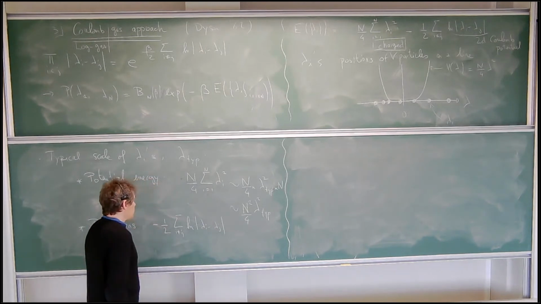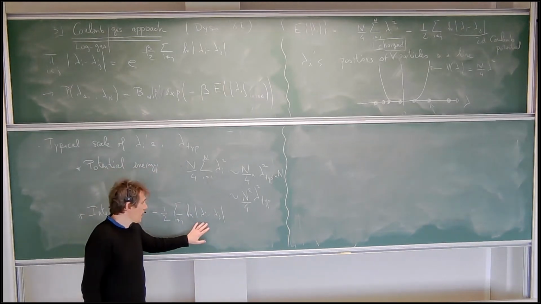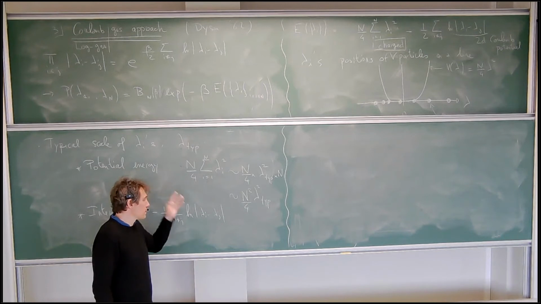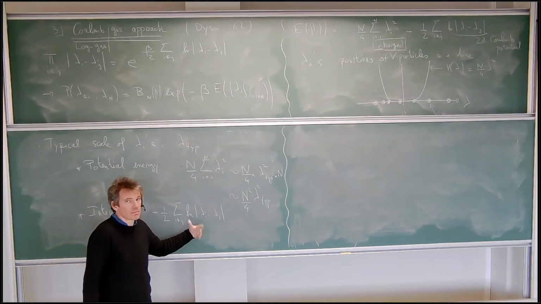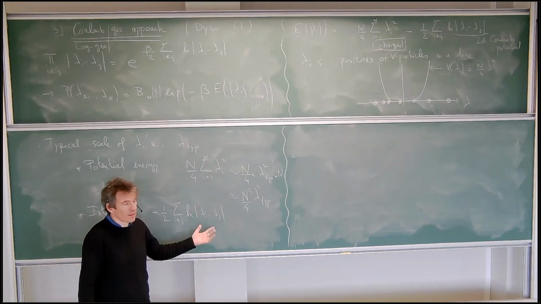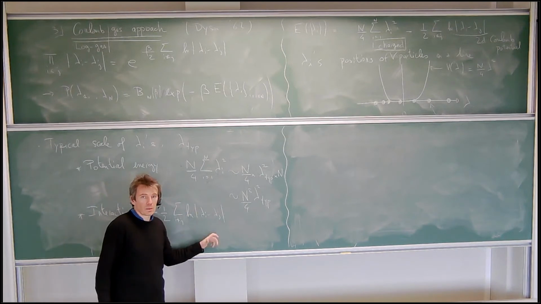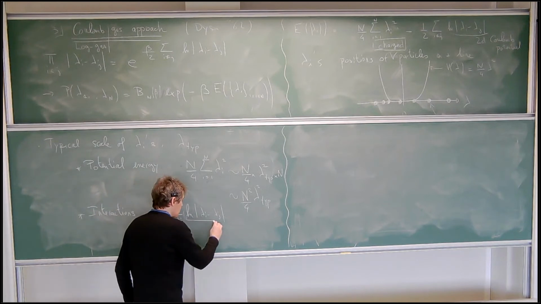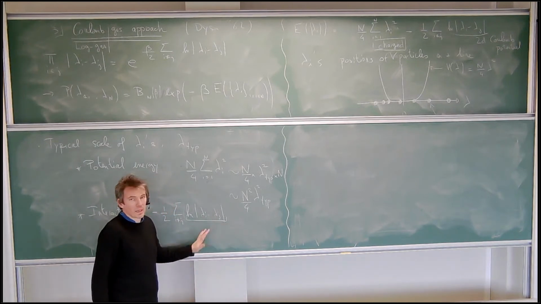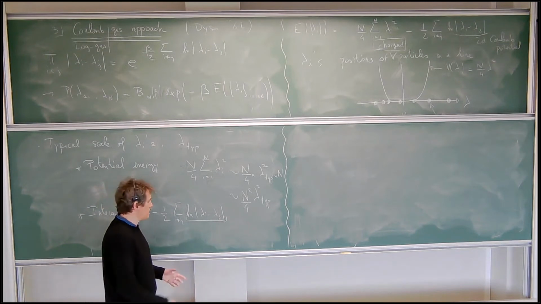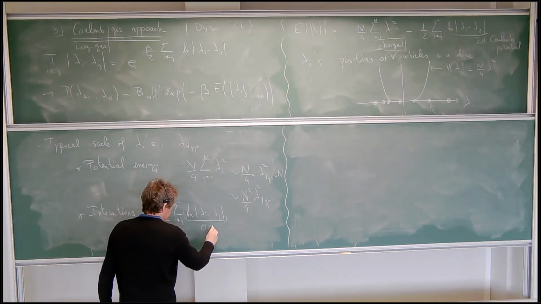Now lambda i minus lambda j is typically of the order of lambda typic, maybe even smaller as we will see, but it doesn't matter so much because I will take the log of this number, and the log of this number will be a number. So that means that no matter what these lambda i and lambda j's are, this is roughly of order 1.